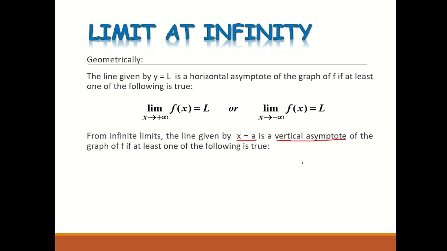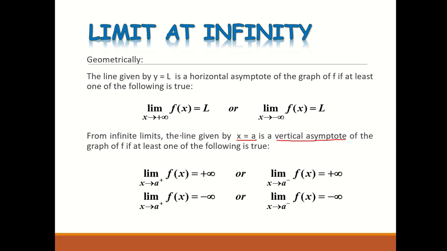These are four possible results: the limit of f of x as x approaches a from the right, where positive here means from the right, equal to positive infinity, or the limit of f of x as x approaches a from the left equal to positive infinity. Or it can be that the limit of f of x as x approaches a from the right is equal to negative infinity, or equal to negative infinity for the limit as x approaches a from the left.